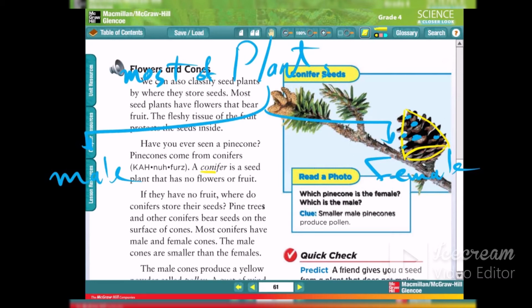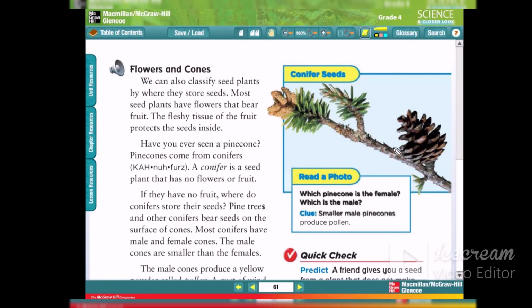Okay, look over here, this pinecone. This is the male, and that is the female. Now the male will be up and the female will be down, and sometimes it will be the opposite. But anyways, what is the difference between male and female? Can you see that the male is totally different from the female?